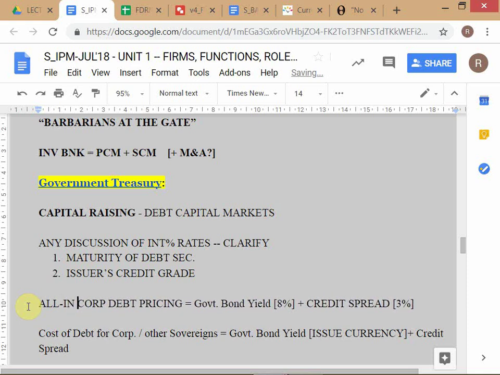All-in means all put together. What are the components of the all-in corporate bond yield? Any idea? Sonam?